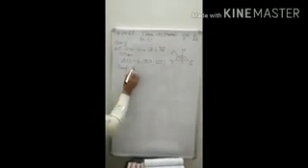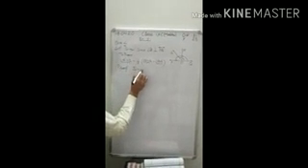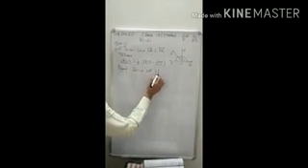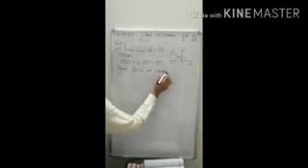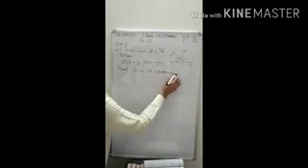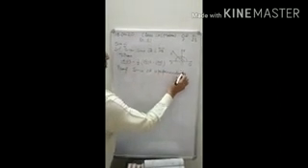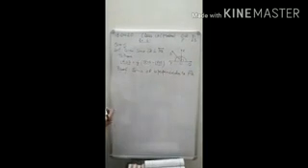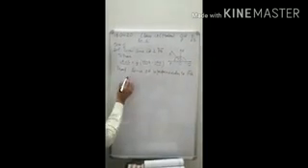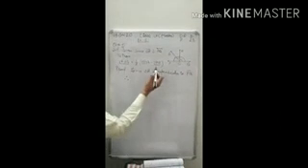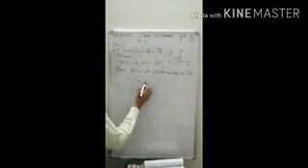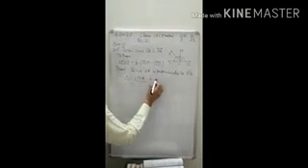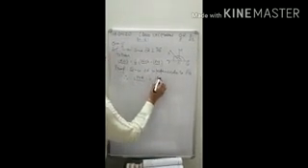You write, since this line OR is perpendicular to line PQ, therefore angle POR will be equal to angle QOR.